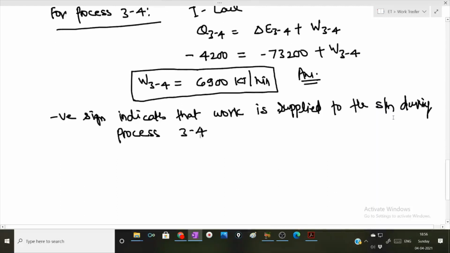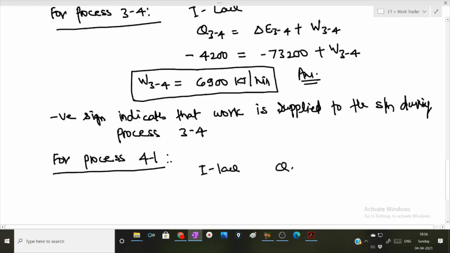Now for process 4 to 1. If you apply the first law for process 4 to 1, it will be Q41 equals delta E41 plus W41.